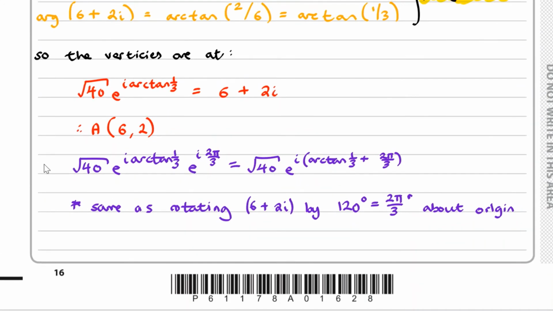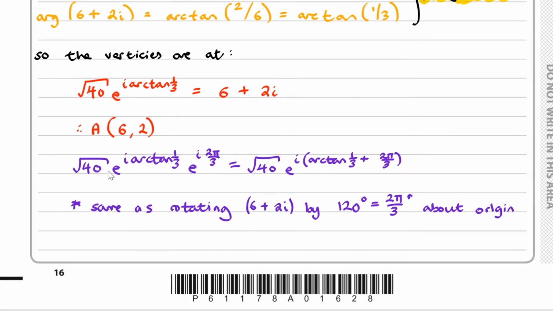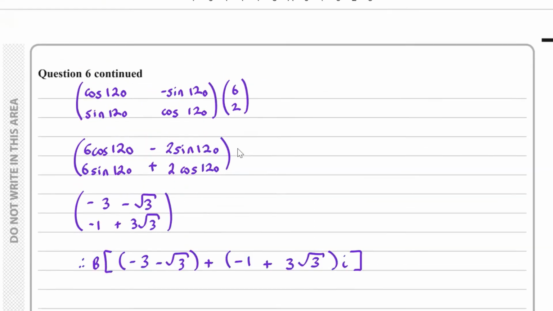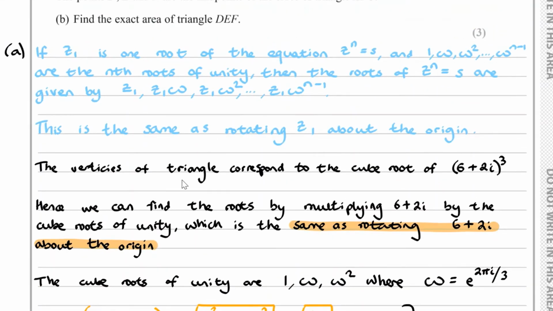So if we do the next bit in green, we now have to consider multiplying this by omega squared, which is consistent with what I said here.